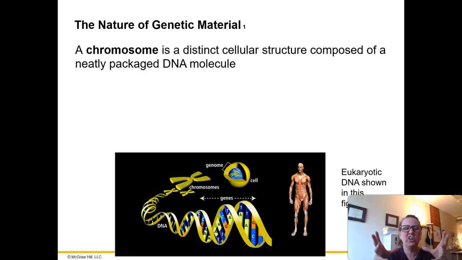Think like yarn. A big old ball of yarn. You know, the classic children's book has a kitten playing with this big old ball of yarn. And essentially, your DNA is in this big old ball of yarn. So when cells are replicating, it would be very difficult to work with that genetic material if it was still in this big ball of yarn.